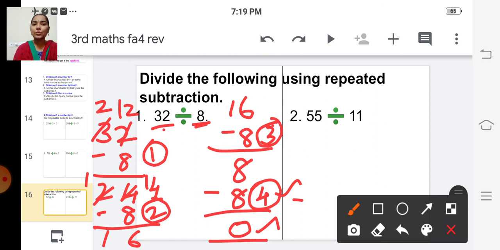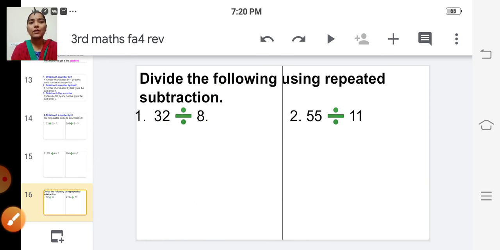So 32 divided by 8 is equal to 4. So you have to subtract the divisor from the dividend repeatedly till we get 0 as the answer. Okay children? Yes. So we will do one more problem.